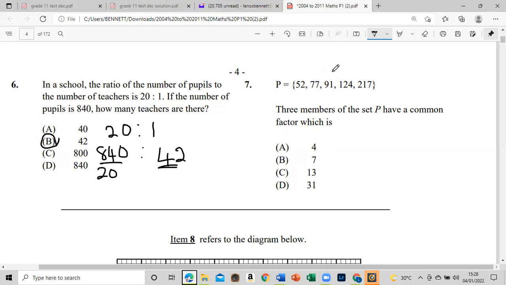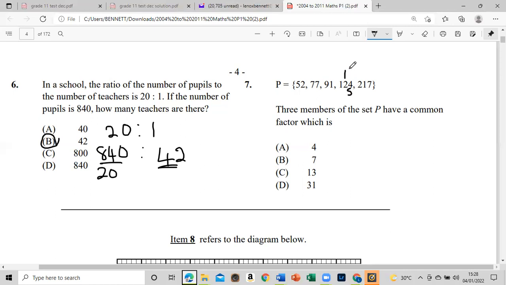Wait, let me check it first. 7 can go into 124? Yeah, that's 1 time, and it will leave 5.